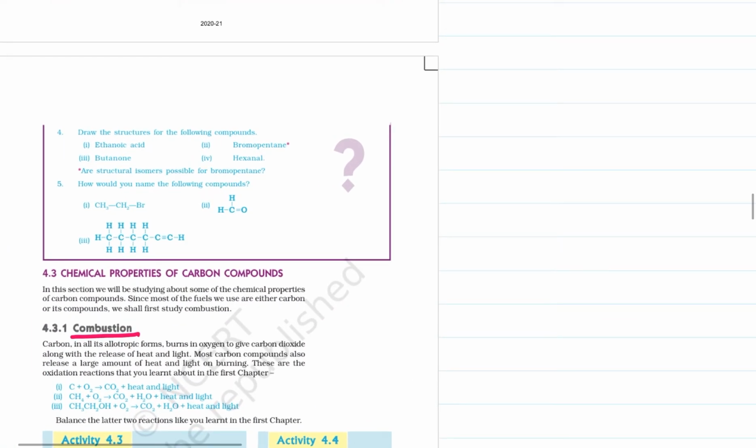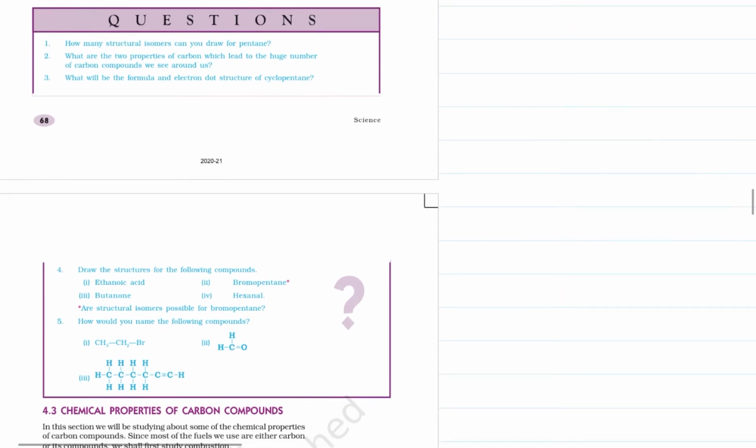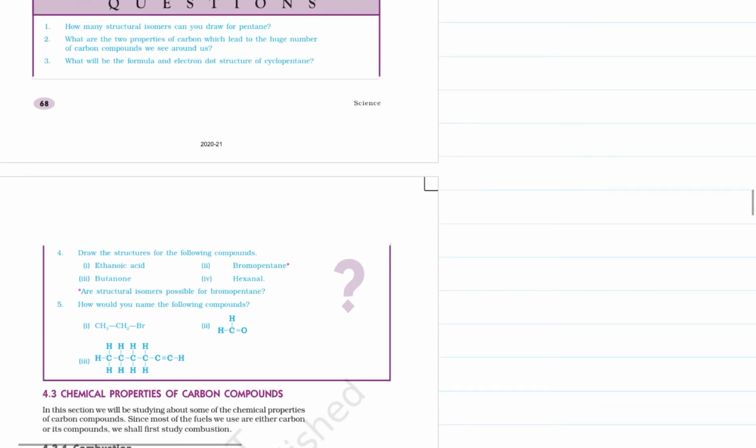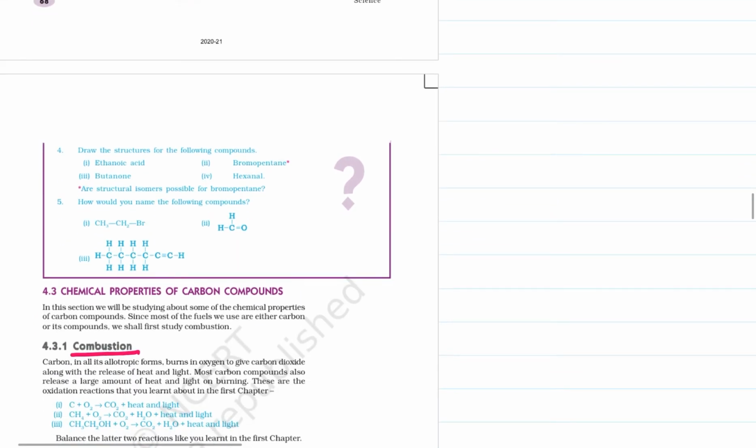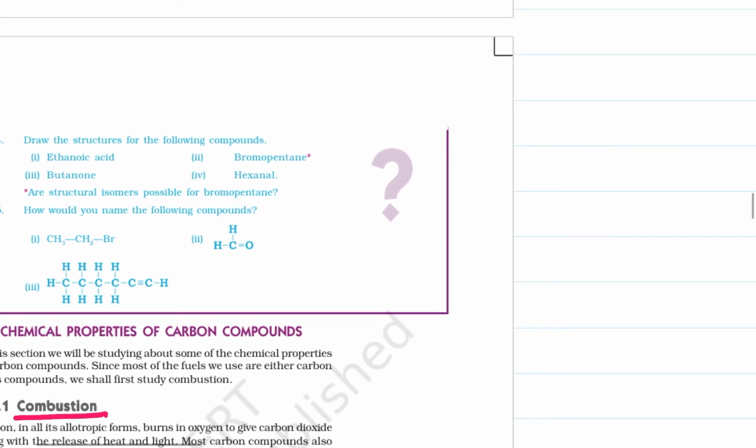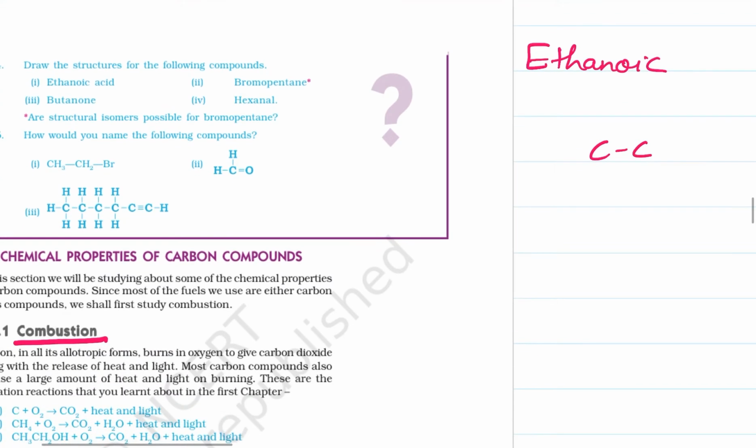Let us do a few from the exercise. If you see here, ethanoic acid. Now, eth means 2 carbon and oic acid. Here, the C is counted.